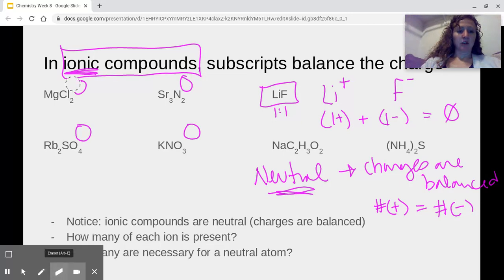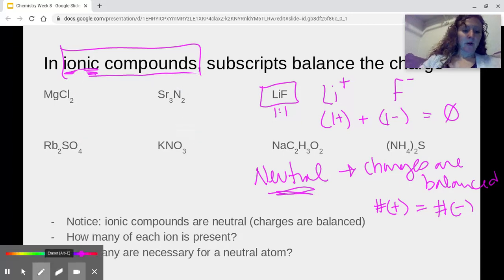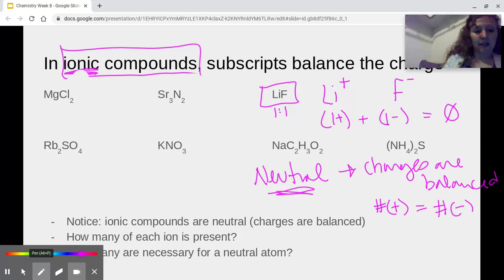Now, some of them are more difficult to see. Let me show you a couple others, like magnesium chloride would be a good place to start. So, magnesium forms a 2 plus. Chlorine forms a 1 minus.